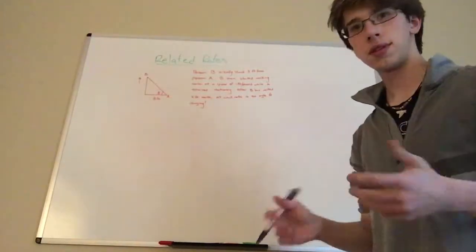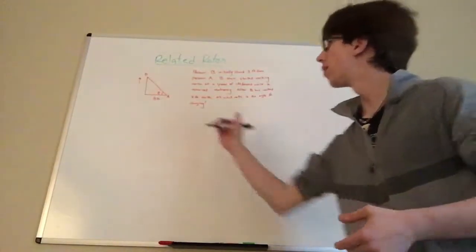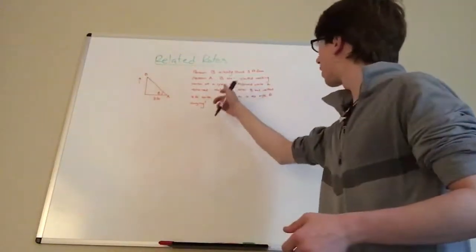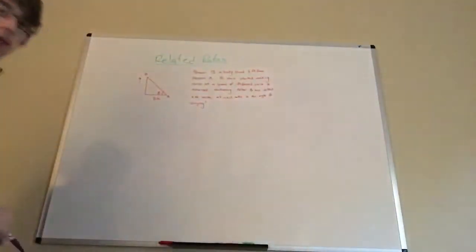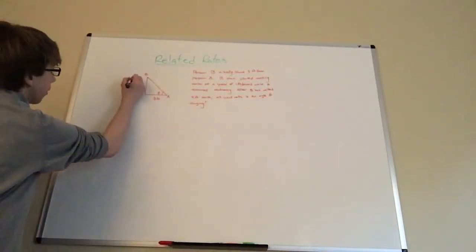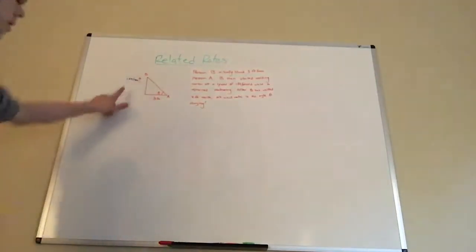So, let's start off by taking what we know. So we know 3 feet, and we know that the speed is 1 foot per second. So we'll start off by writing 1 foot per second next to the arrow.